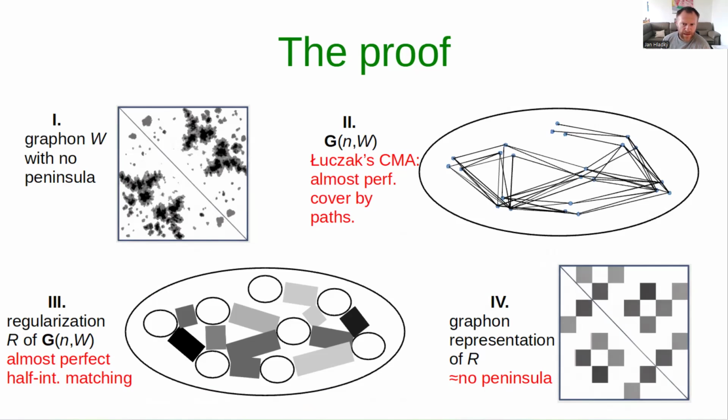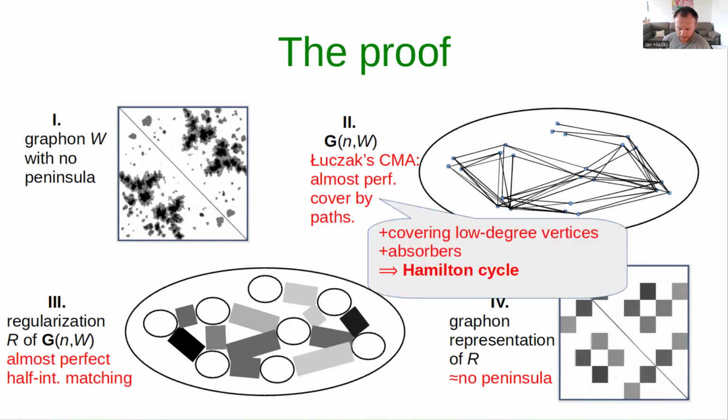And finally, using Łuczak's connected matching argument and the blow-up lemma, we can pull this structure back to find a collection of disjoint paths that almost perfectly cover the vertices. The final step is to upgrade this almost perfect cover by paths into a true Hamilton cycle.